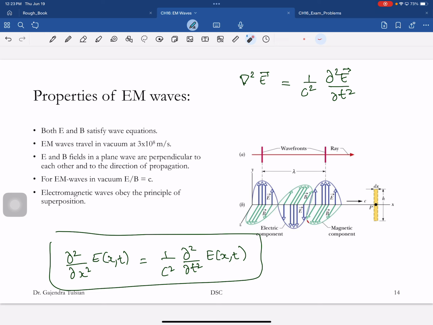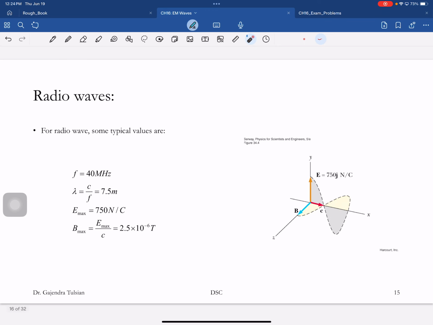How do you sum them? You just sum two vectors. So to get the electric field at that point, you just sum them. Okay, so that's the principle of superposition. And so if you have multiple beams, you just add one at a time. The presence of other beams doesn't affect the addition of these two beams.